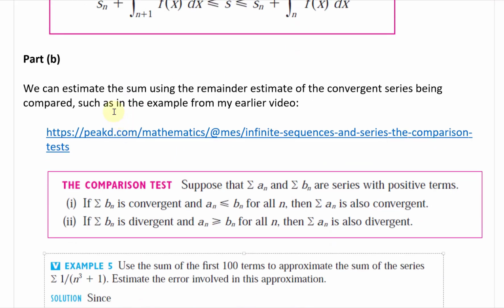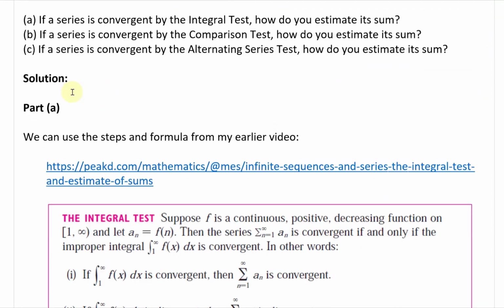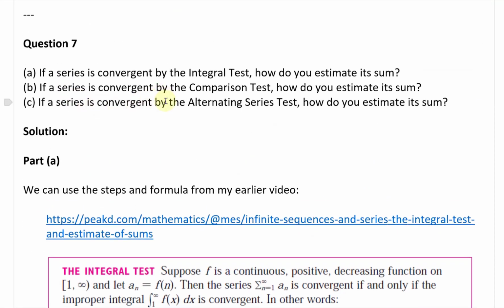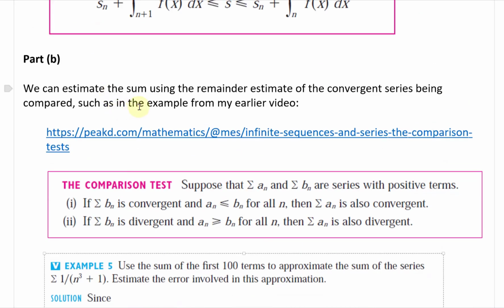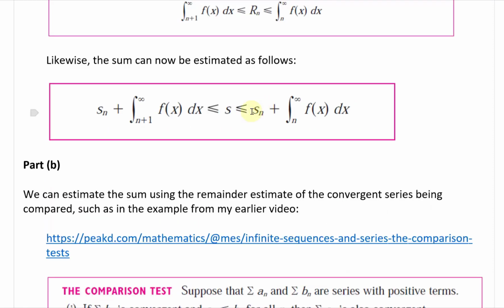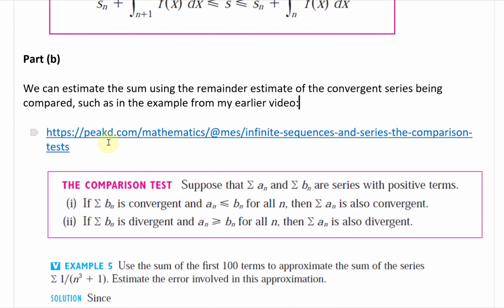All right, so now let's take a look at part B, and let's scroll up to part B. If a series is convergent by the comparison test, how do you estimate its sum? We can estimate the sum using the remainder estimate of the convergent series being compared, such as in the example from my earlier video, and here's a link to it.